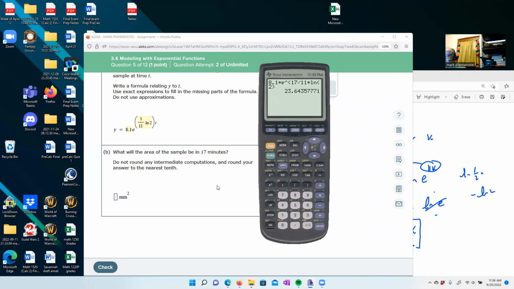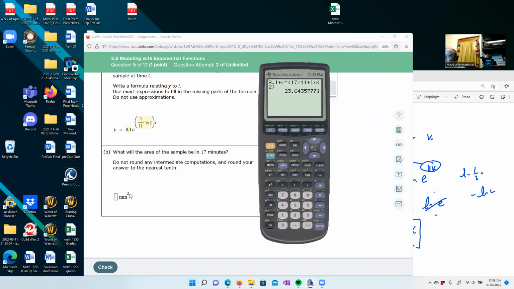Let's hit enter. We have 23.6, and they just want it to the nearest tenth, so we're going to say 23.6. These are extremely sensitive to round-off errors. In a face-to-face class, I usually tell you, if you want to take a shot at figuring out the k, to use 4 significant digits. But here we're going to go with no approximations.